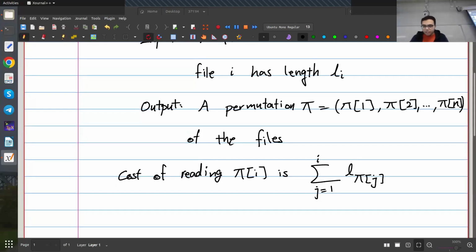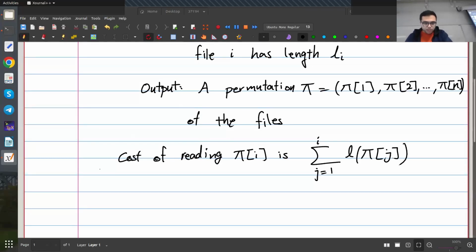Now, I just realized that this is a little bit hard to write like that, so I'm just going to write it like this. So I mean the length, okay? So that's the cost of reading the ith file. Basically, I have to start from the beginning, scroll past every single file until I get to the ith file and then read the ith file as well.